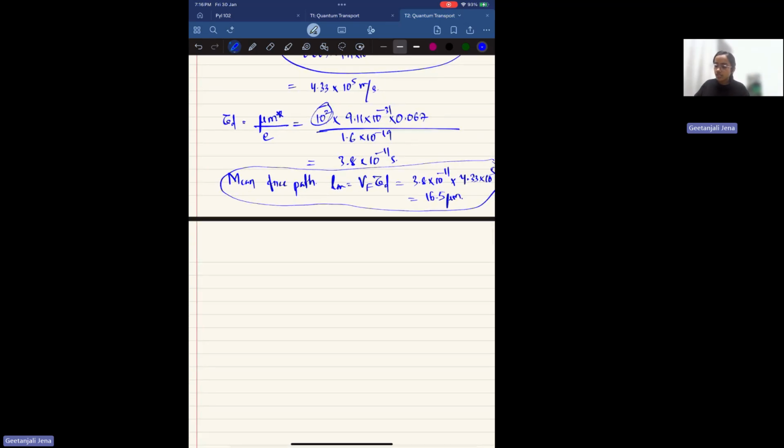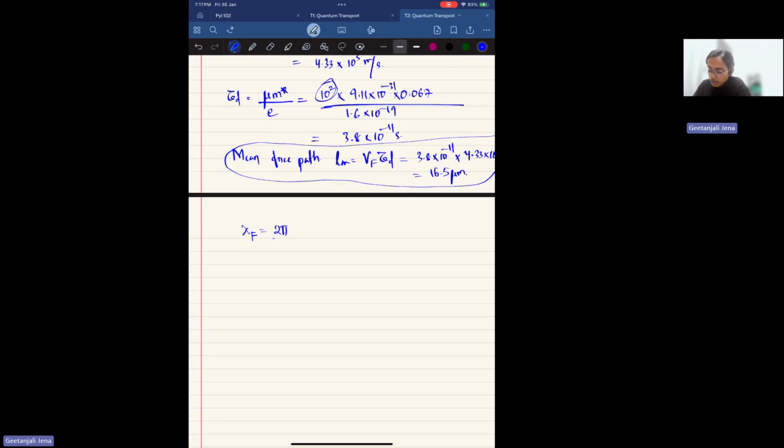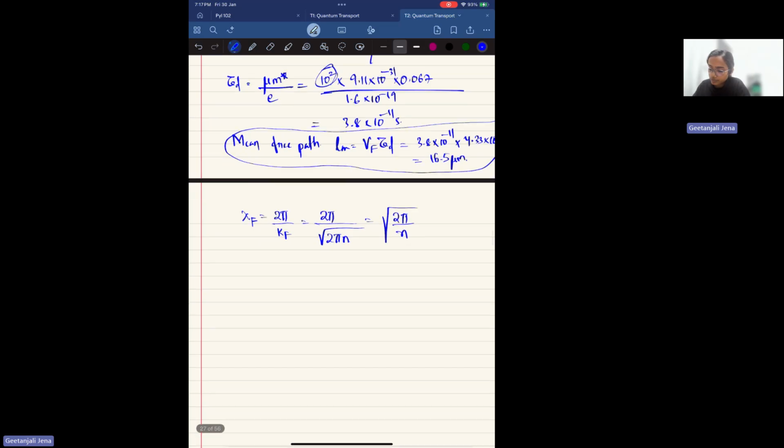Now, to see whether the transport will be diffusive or ballistic, one thing we can do is, since we know kF, the Fermi wave vector, we can calculate the Fermi wavelength and compare it with the device length. So λF will be 2π by kF, and kF is the square root of 2πn.